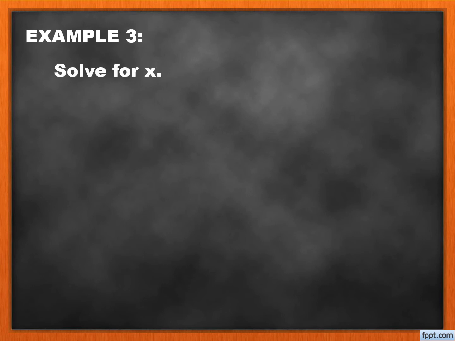Let us have our last example. Solve for x in the equation x minus 2 over 2x minus 3 equals 3 over x plus 2. First, let us have our LCD. But how are we going to find the LCD if the denominators are in this form, wherein they have two terms for each denominator?